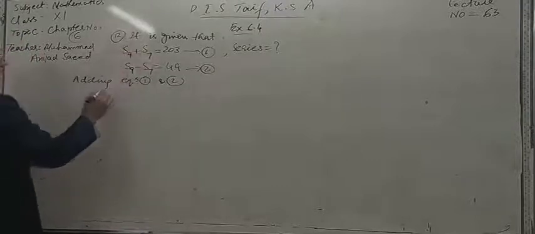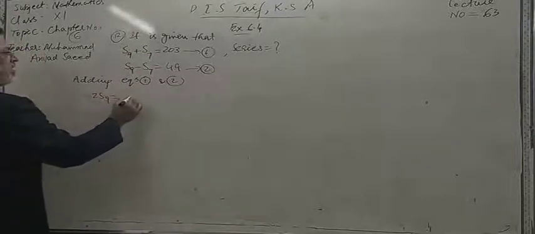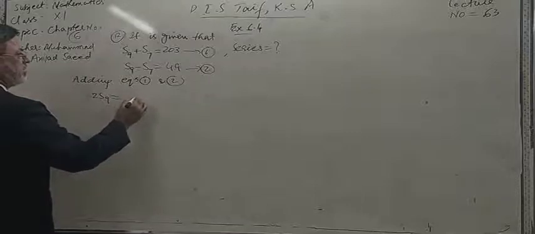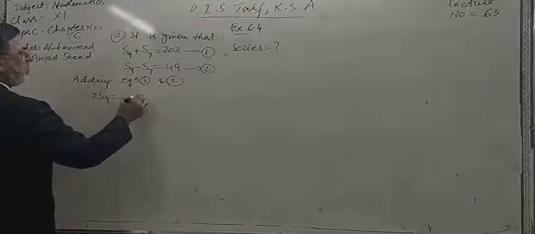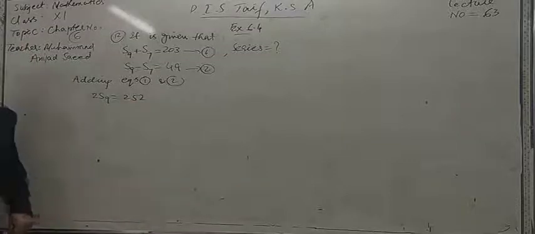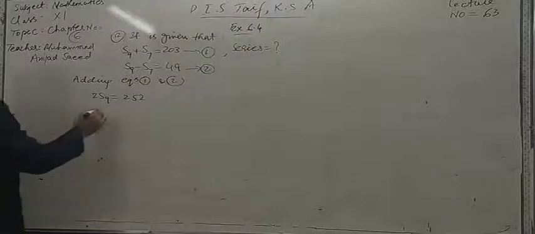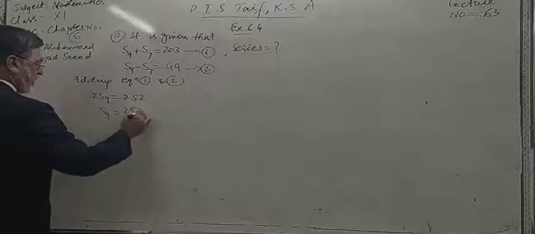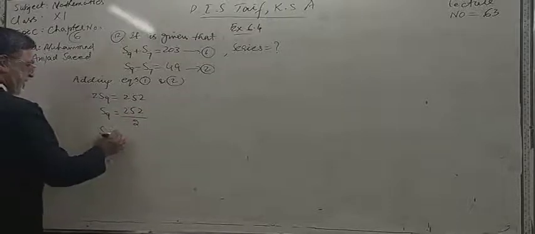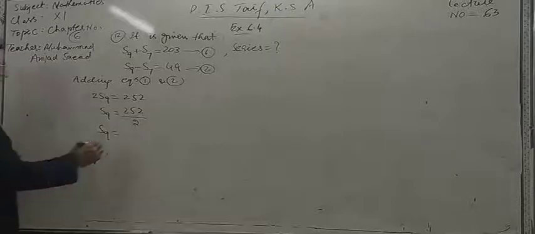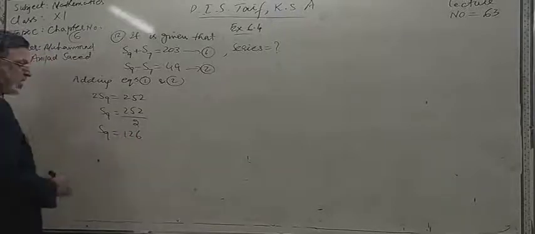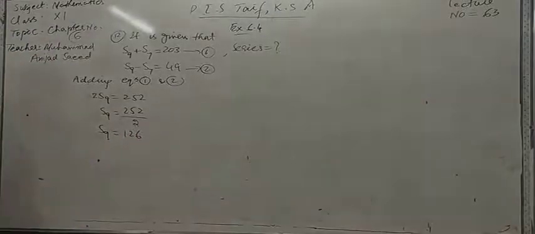So S7 and S7 cancel out, and S9 is equal to 252 over 2. So S9 is equal to 126.